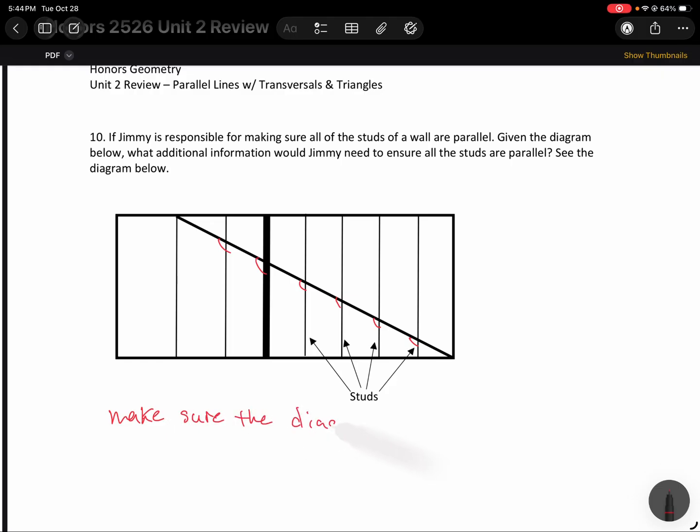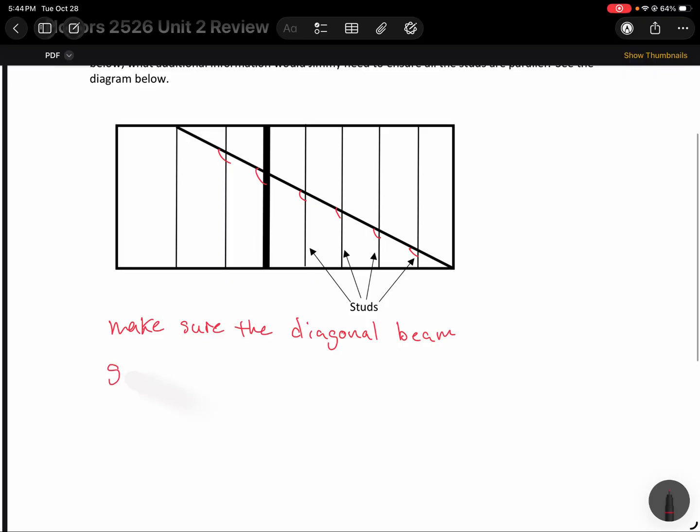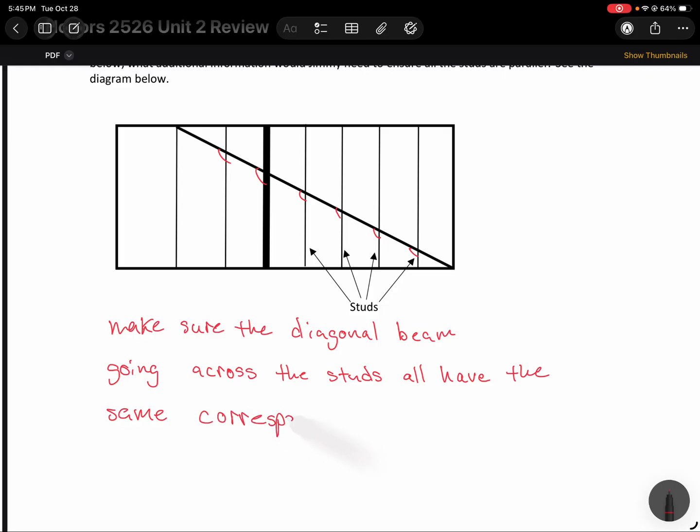So make sure the diagonal beam going across the studs all have the same corresponding angle measure.